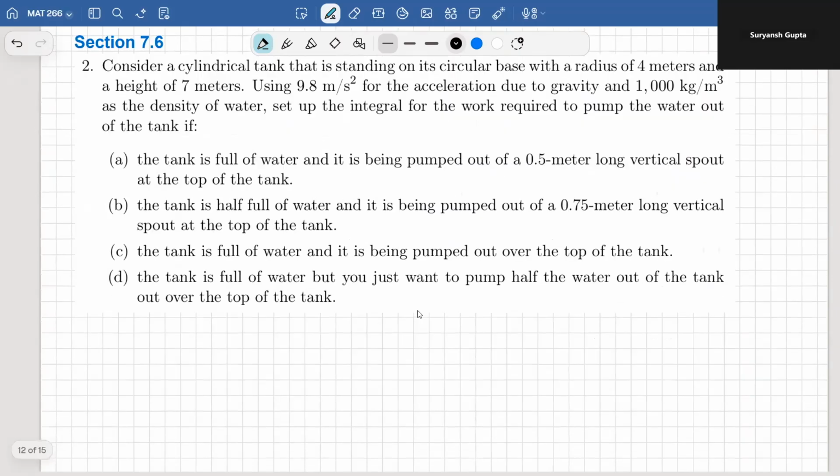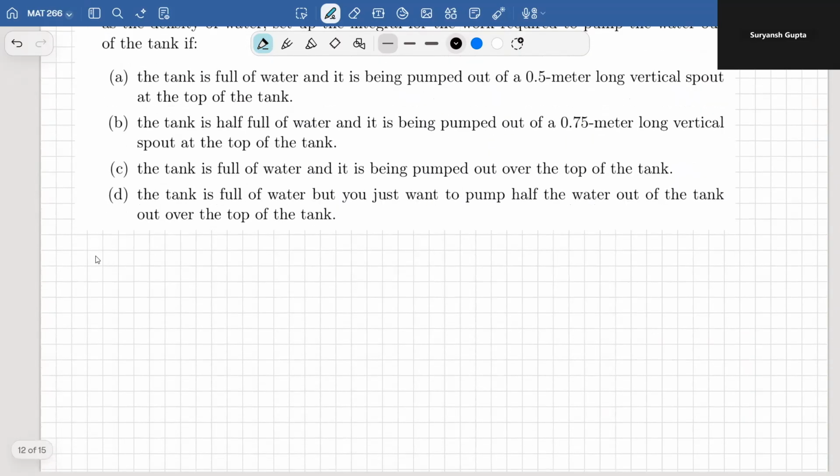So, first, let's start with part A and draw a cylinder to see what it's asking. Let's say it's sitting on an X and Y axis here.